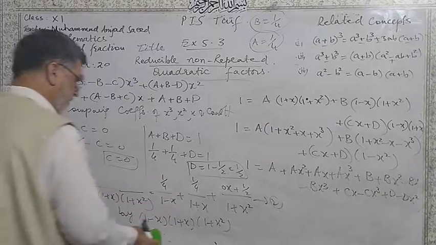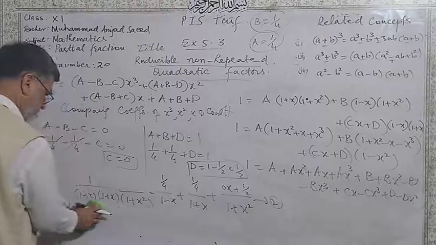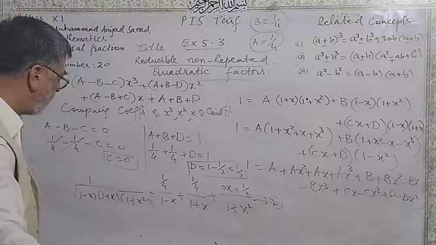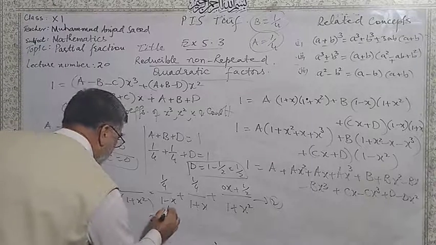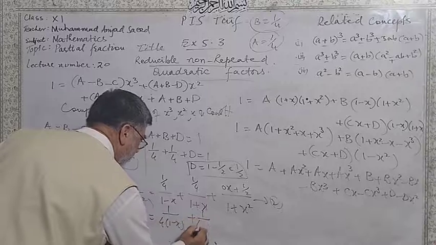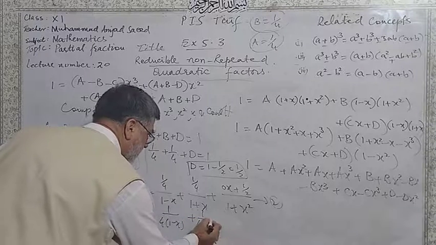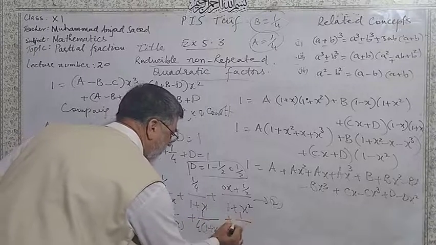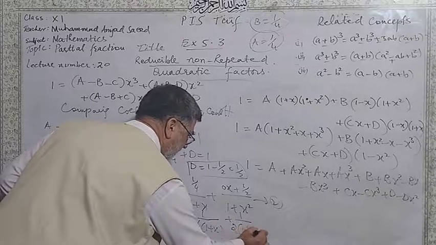So we are left with 1 over 4 into 1 minus x plus 1 over 4 into 1 plus x and plus 1 over 2 into 1 plus x square.